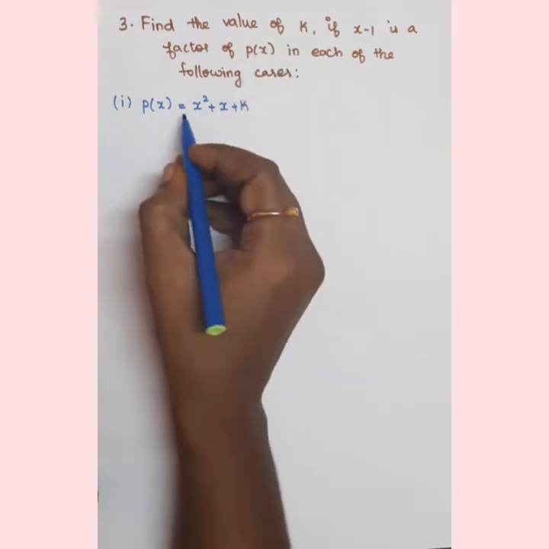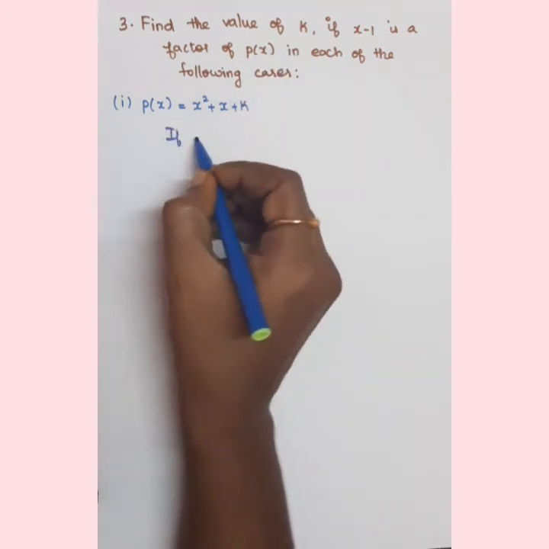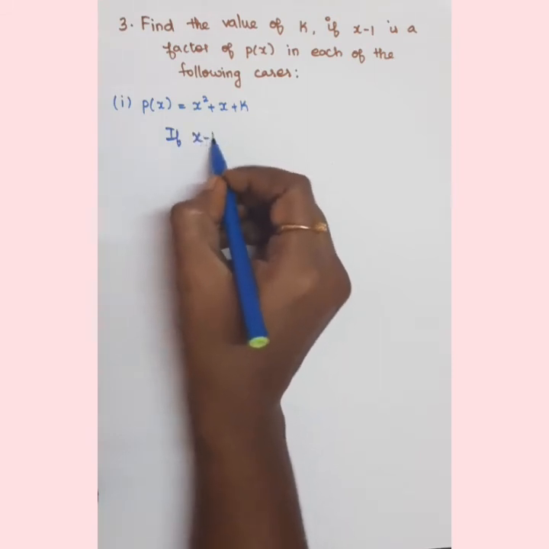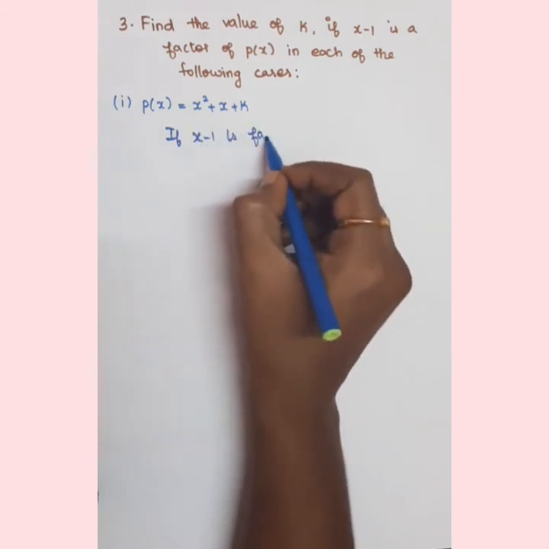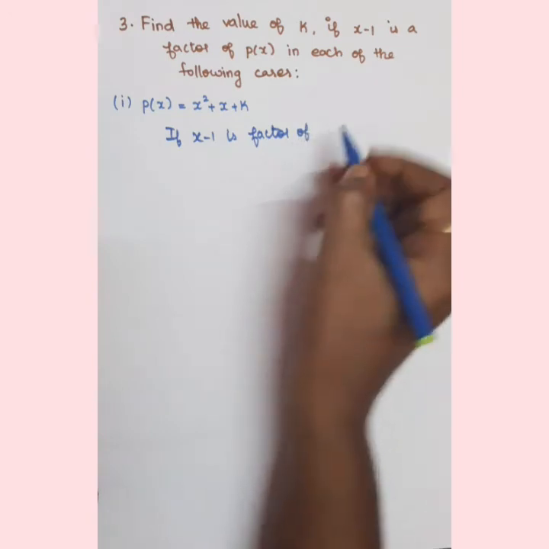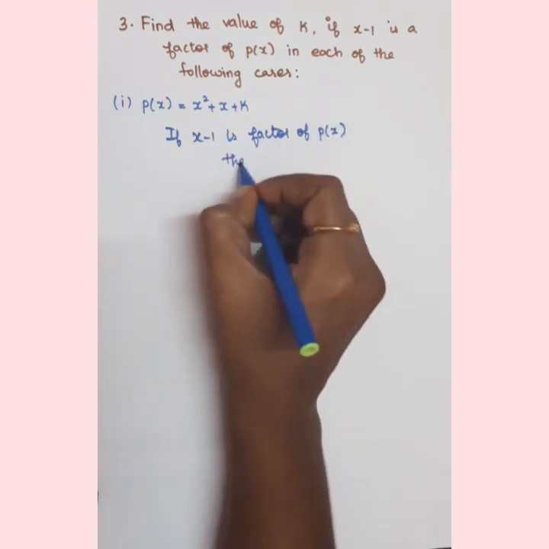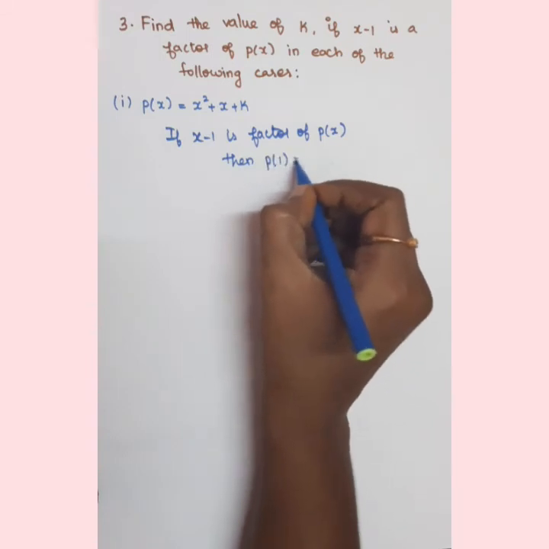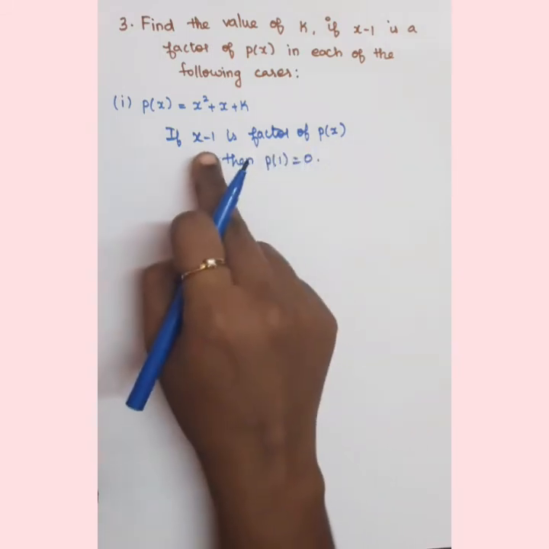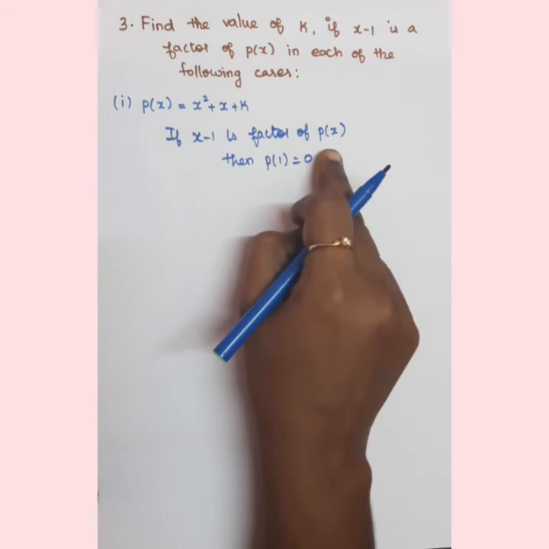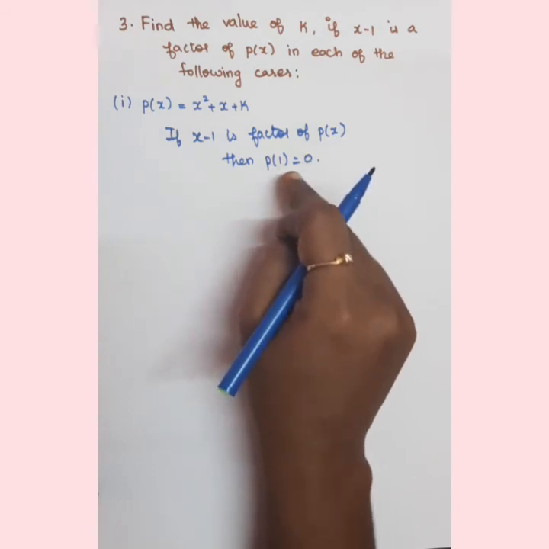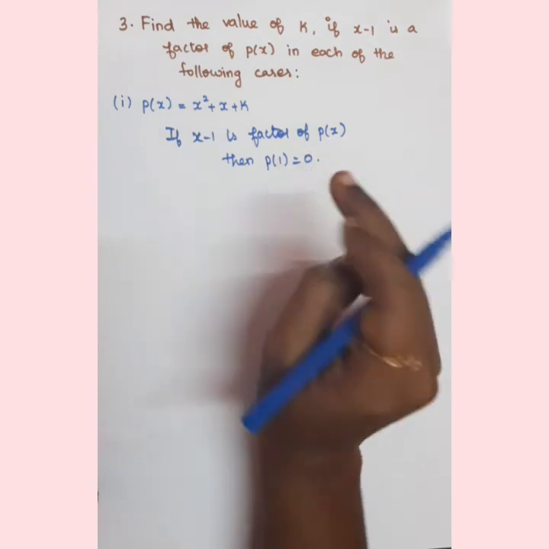So if x minus 1 is a factor of p of x, then we can say that p of 1 equals 0. If x minus 1 is a factor of p of x, then the remainder p of 1 is 0.